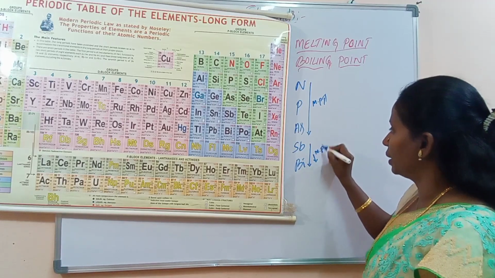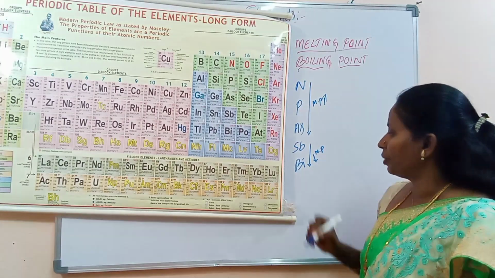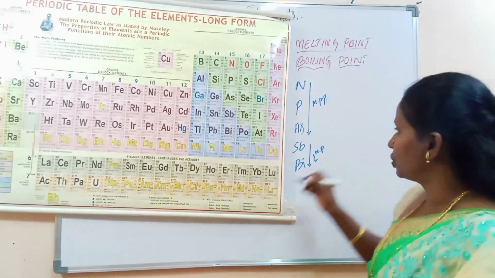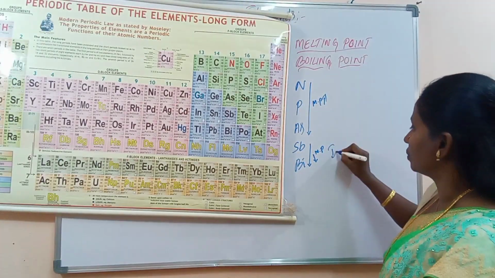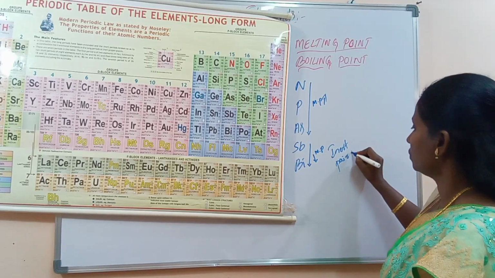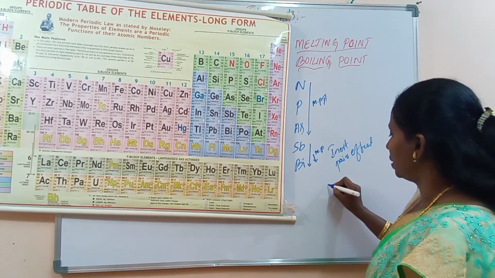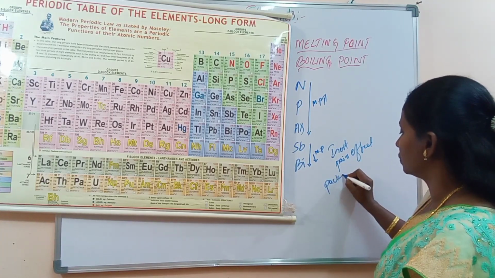Melting point decreases from antimony to bismuth. That is due to the inert pair effect, and also it depends on packing efficiency.